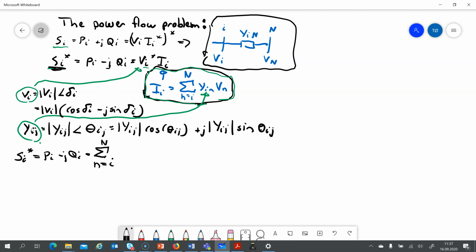If you look at this two-bus system up here, in total general you can express it like this. Then we have Yin, Vi, and Vn.